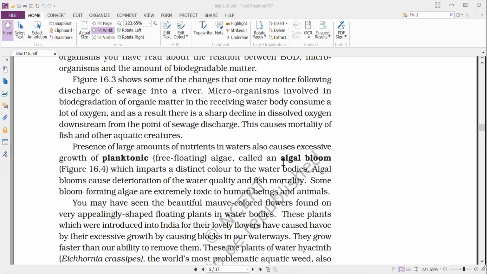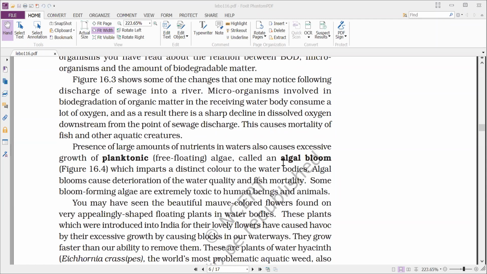But when a heavy rain falls, what happens? The rainwater will be drained into the nearby water bodies, taking all the dissolved nutrients from the soil, because these nitrates and phosphates are easily water soluble.